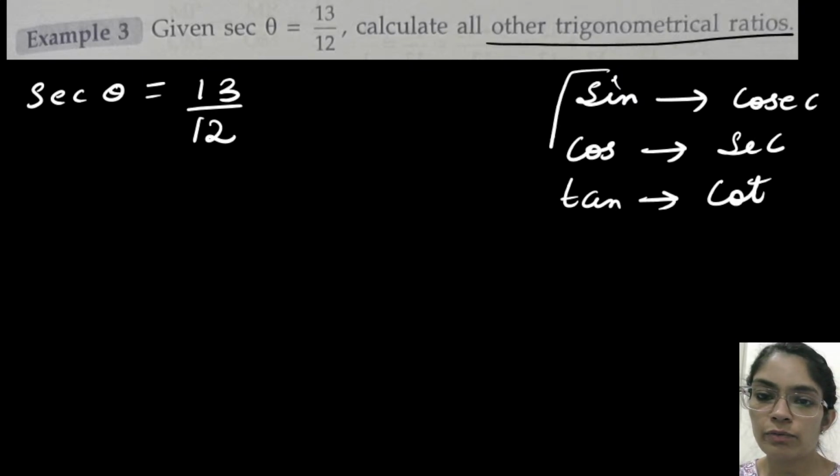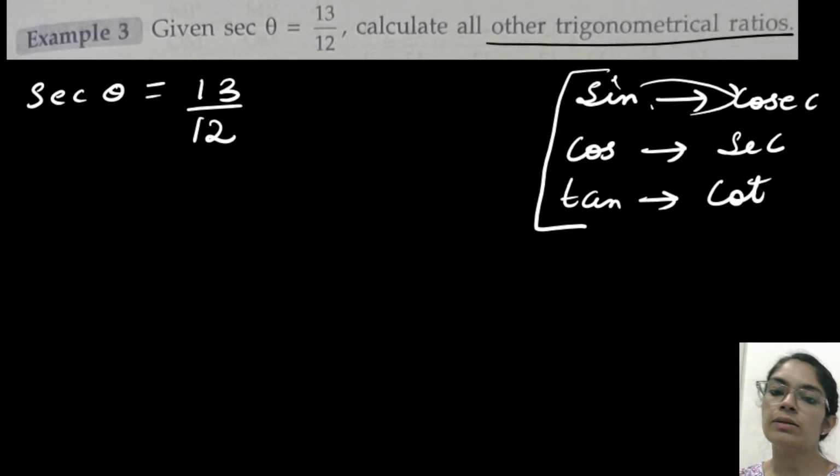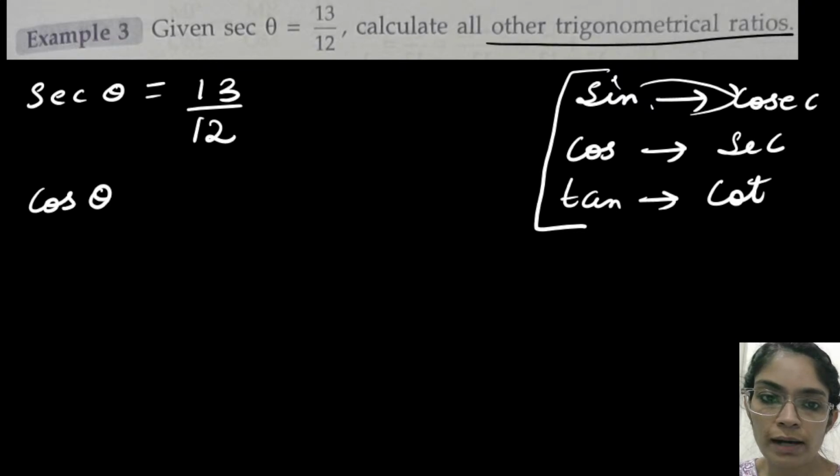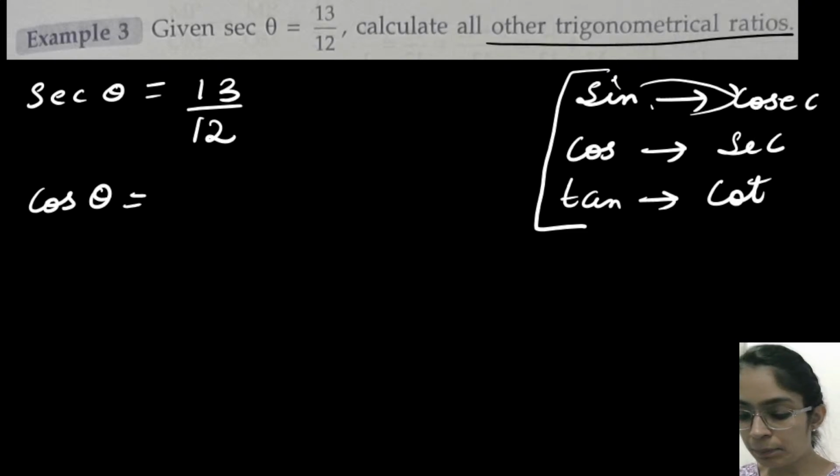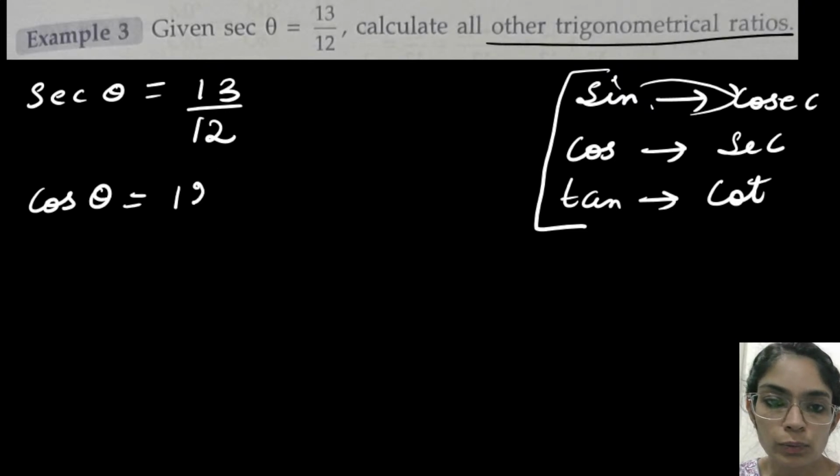If you remember these three, the other three you can automatically remember. Since secant theta is given to us, we know the value of cos theta also. Cos theta and secant theta are reciprocals of each other. Secant theta is 13 by 12, so its reciprocal is 12 by 13. That means we found the value of cos theta: it is 12 by 13.